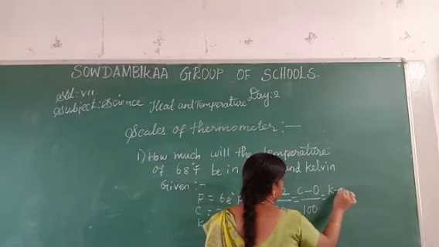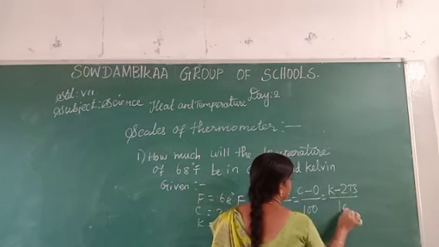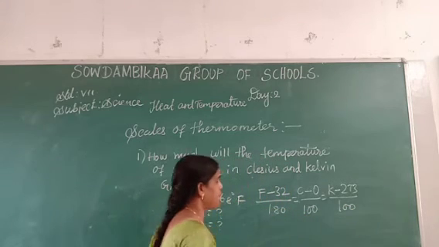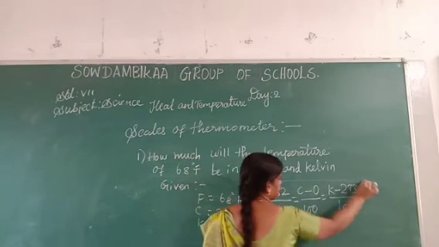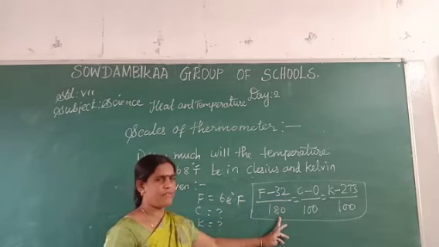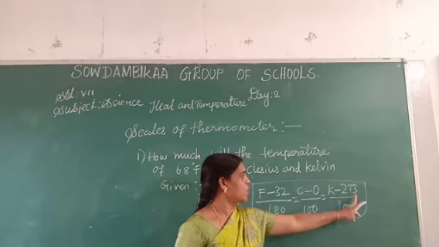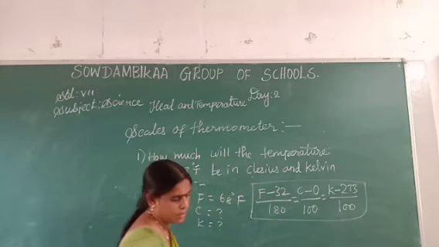Next, Kelvin: the lower limit is 273 and there are 100 divisions. This is the main formula: for each scale, lower limit and number of divisions.